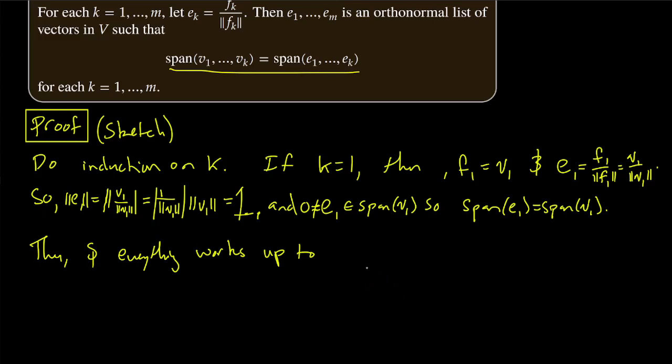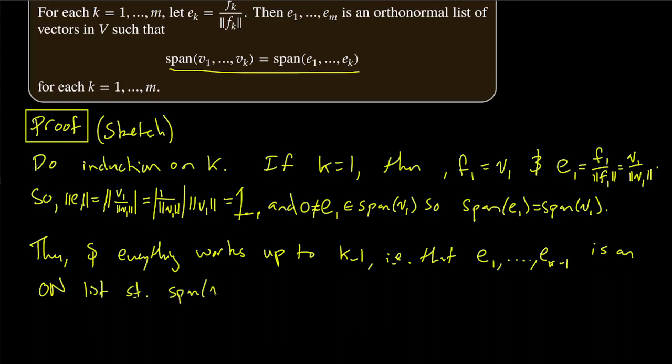That is, that e1 through e(k-1) is an orthonormal list such that the span of v1 through v(k-1) is equal to the span of e1 through e(k-1).